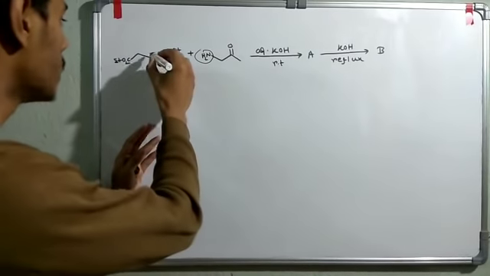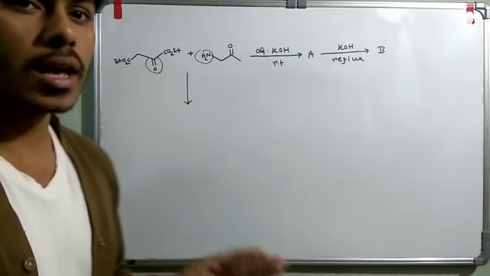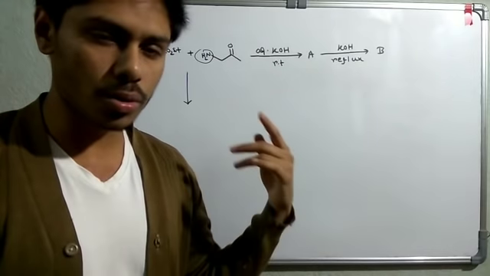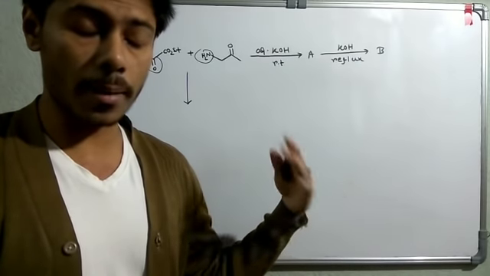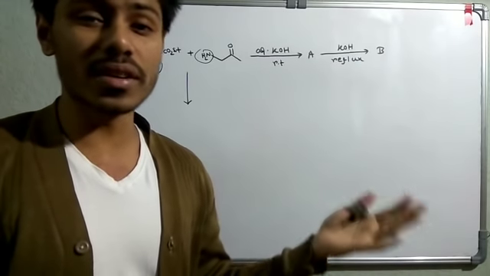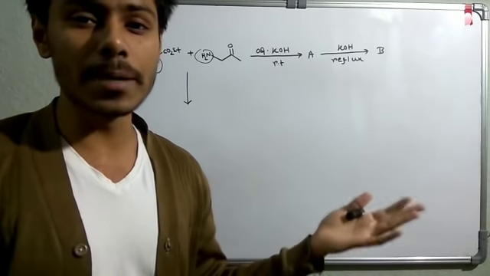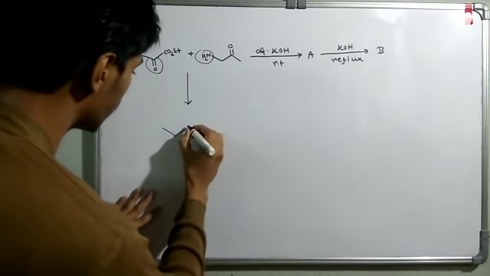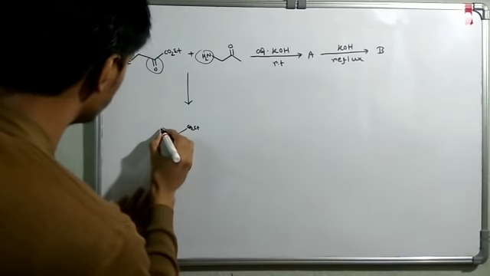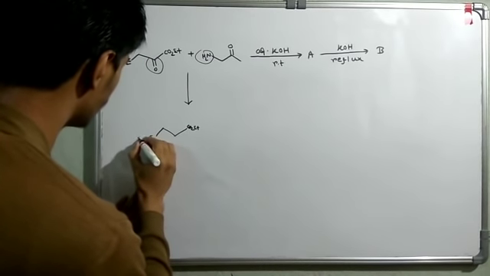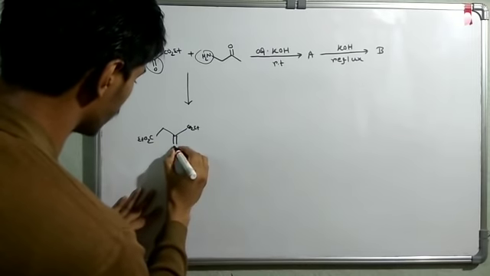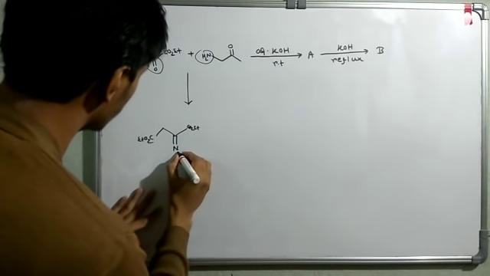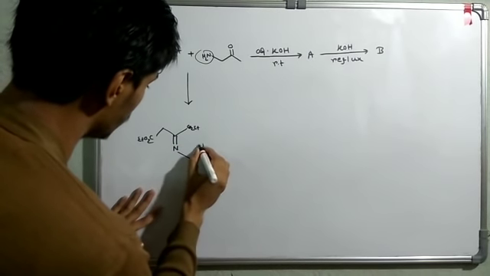Here you have a ketone group, here you have an amine. So the first reaction that should come to your mind is the condensation reaction to give the Schiff base or the imine. So in the first step we will get this Schiff base, right?